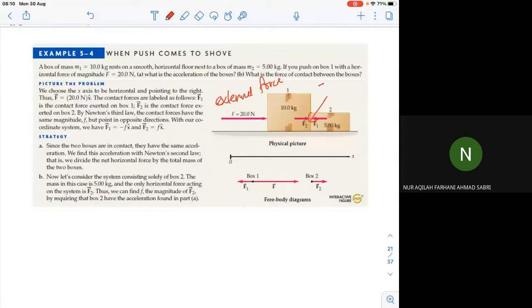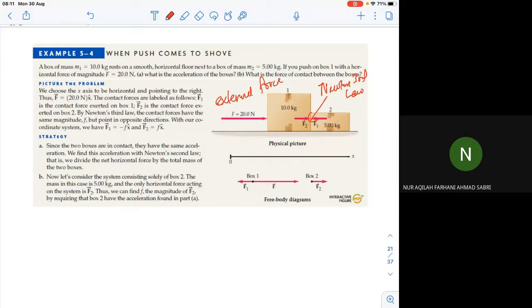Newton's third law takes place, where if there is a force, there will be a reaction to that force acting on a different object, equal in magnitude but opposite in direction.